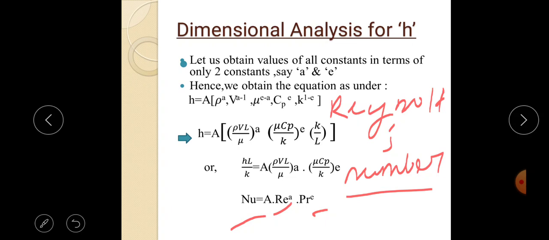If we talk about the definition of the Reynolds number, it is simply the ratio of inertial forces to viscous forces. The Reynolds number helps us predict flow pattern in different fluid flow situations.